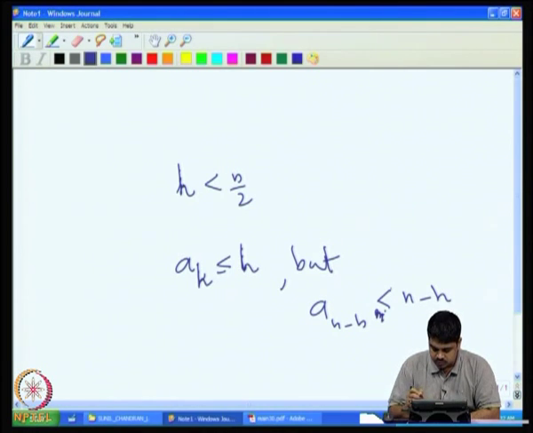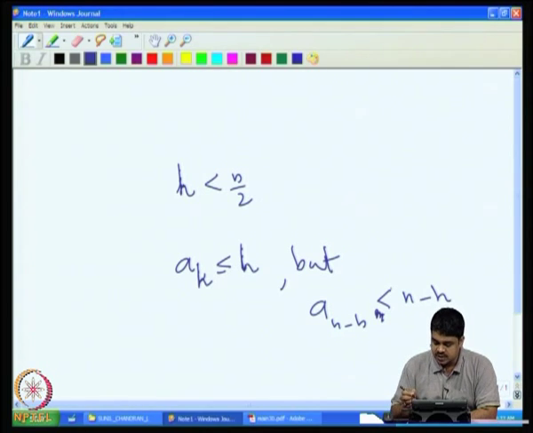Now we will construct a graph which has a degree sequence which is pointwise greater than this, but does not have a Hamiltonian cycle, right.